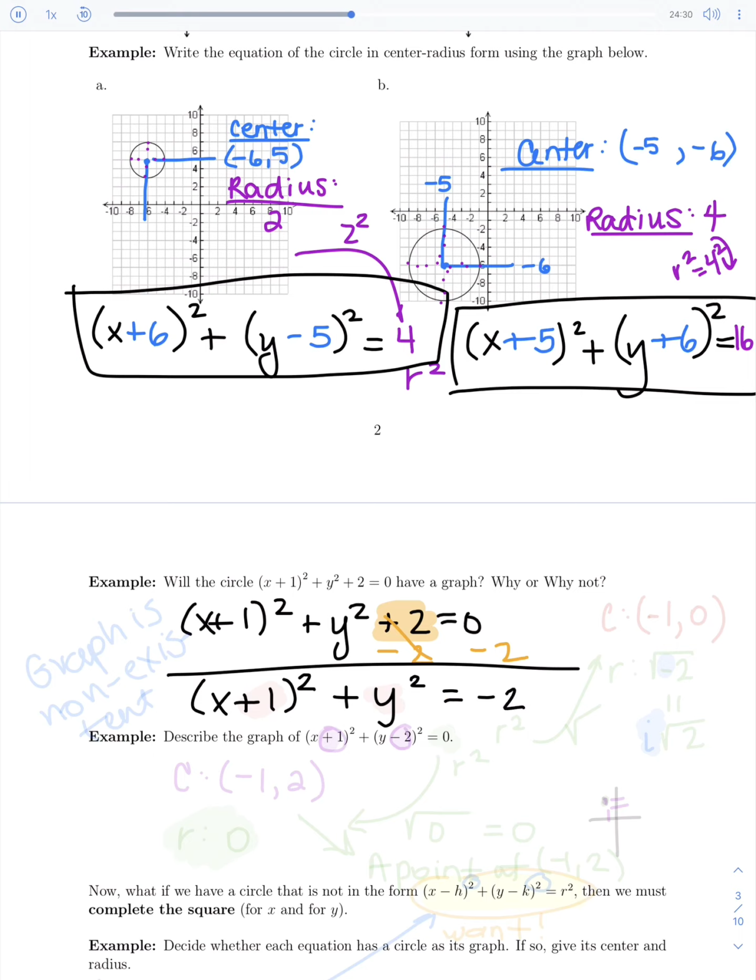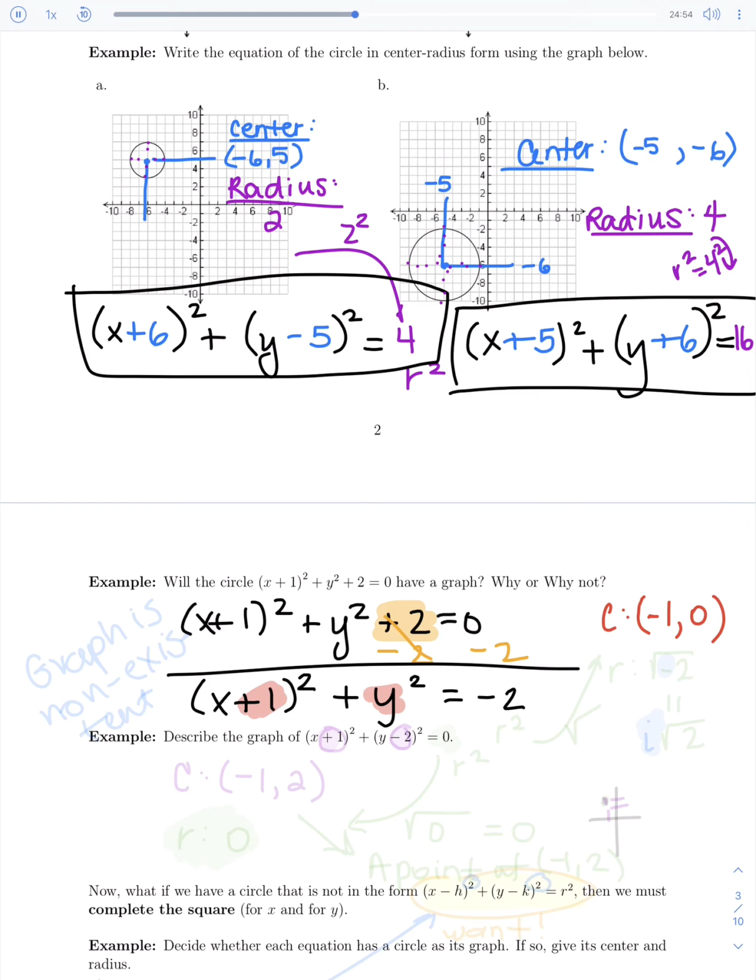So if we're looking at this like a circle, we'd look for the center first by looking for what's with the x's, which is a +1, which means the center itself would actually have the opposite of that, a -1. And then notice that there is nothing inside with our y, so the y coordinate for our center would be a 0.